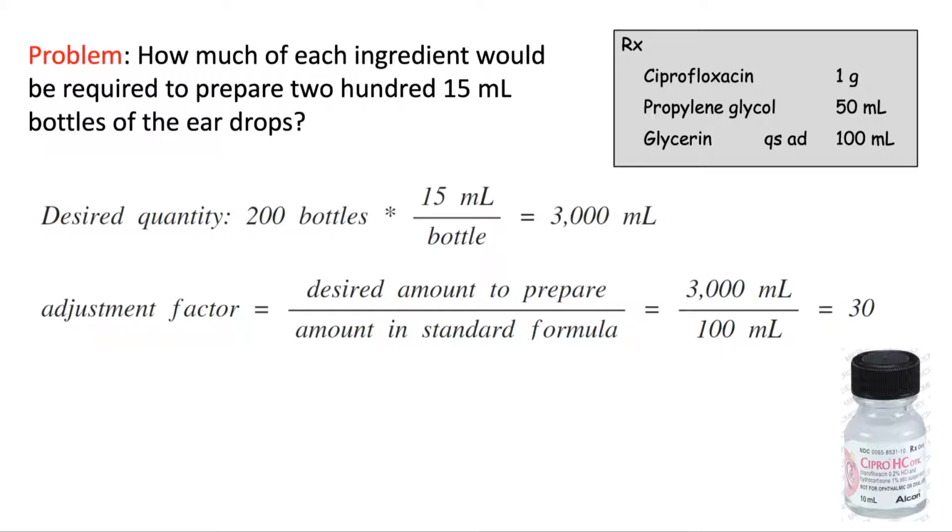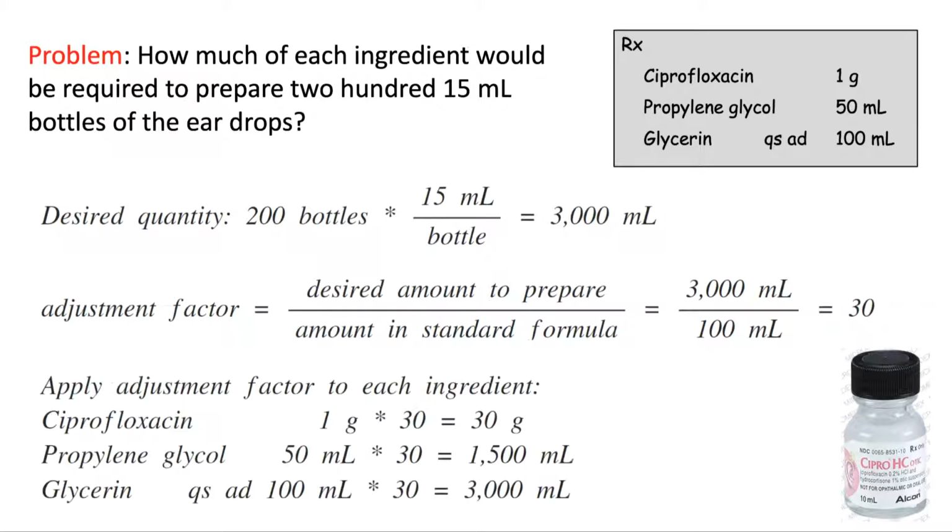So our adjustment factor is 30. What does that mean? That means everything called for in the recipe the way it's written, we need 30 times that amount. We're making a larger batch. We are making a 30-fold larger batch, so we need to increase everything by a factor of 30.